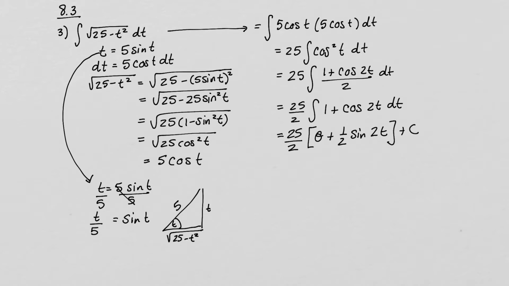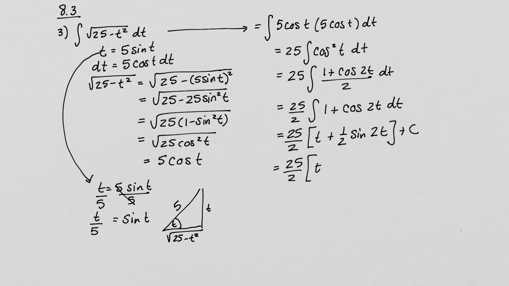I need to read these values off of the triangle, but I don't have the angle 2t in my triangle. I have the angle t. So this should not be a theta; I'm used to making these thetas, but since I did everything in terms of t.